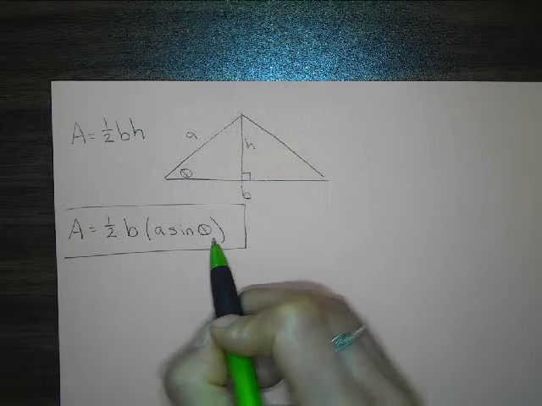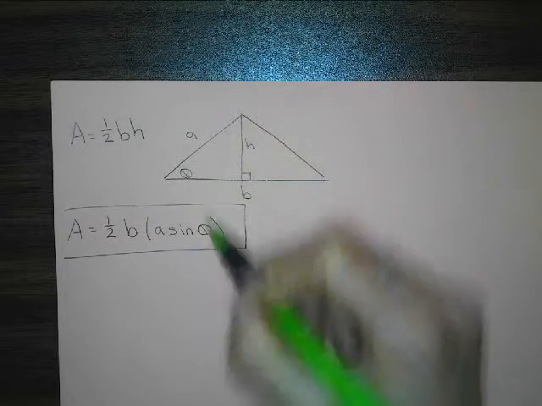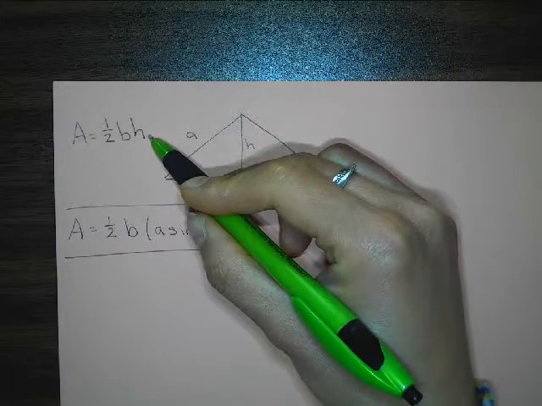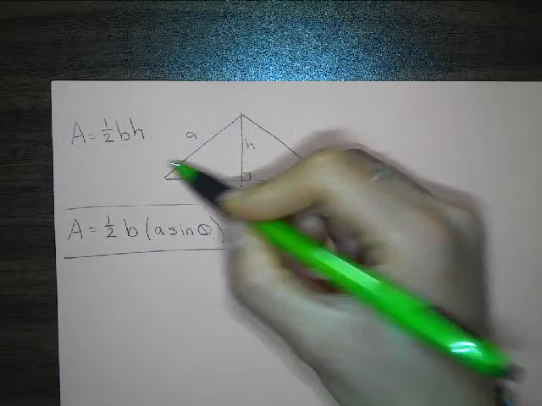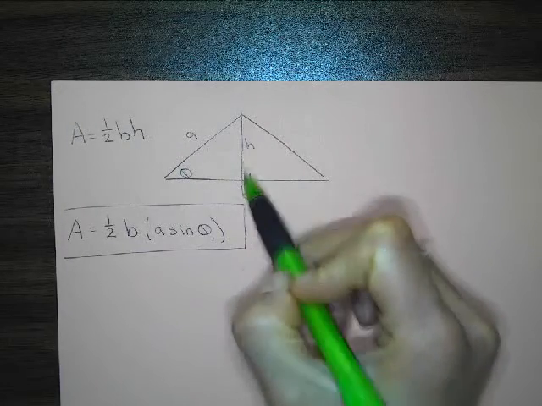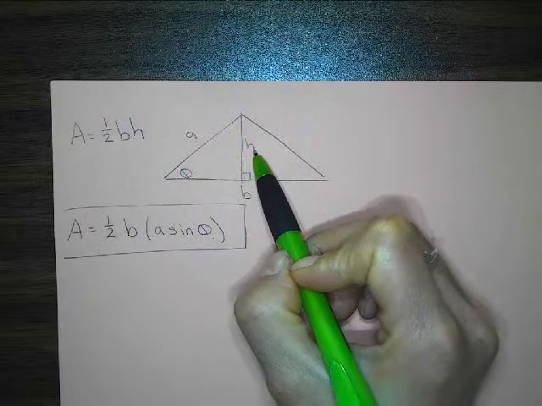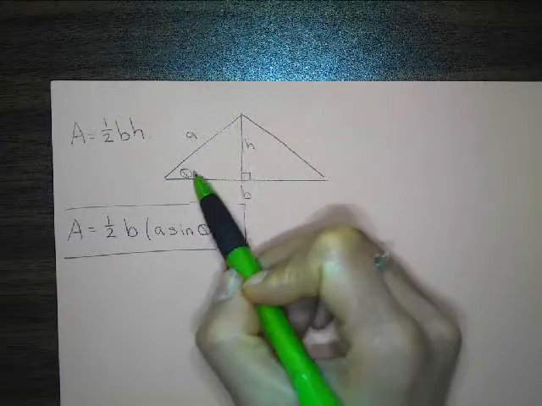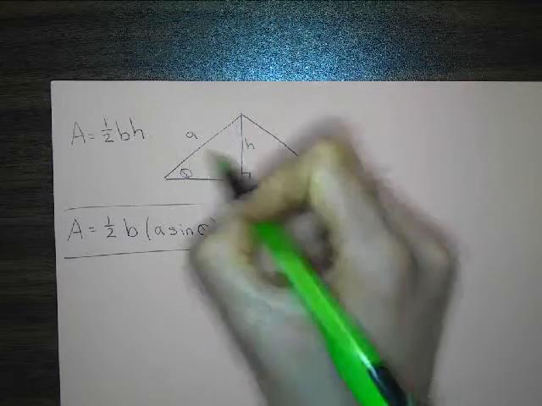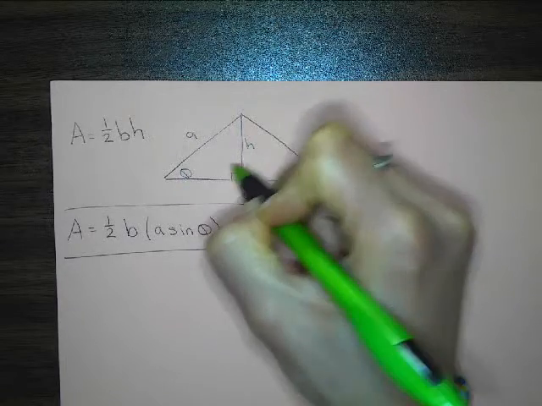Now where this A sine theta comes from is actually just substituted in for the H that we have here. We have to figure out where we get that from. So we're going to look at our triangle here. We have a right triangle, so I can use trig to figure out how long H is. Well, if I have my angle theta here, here's my 90-degree angle.